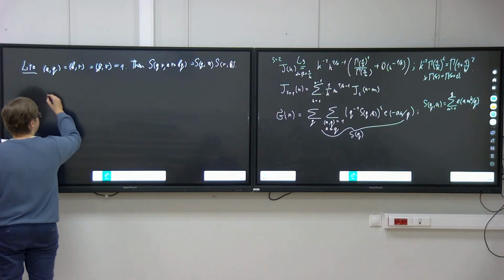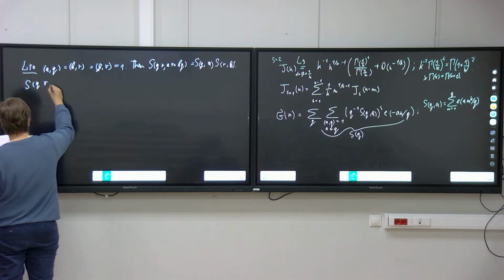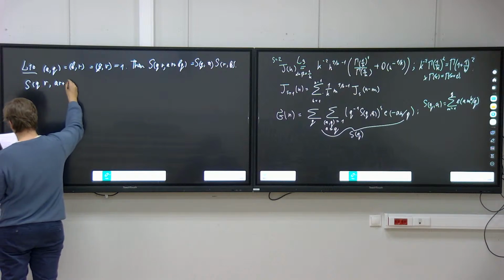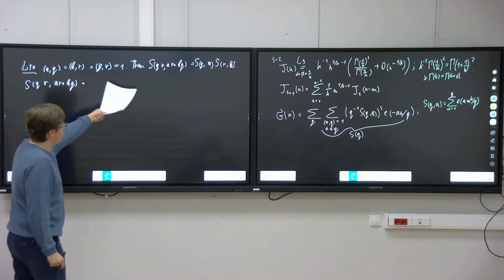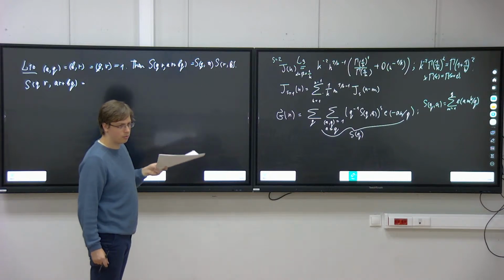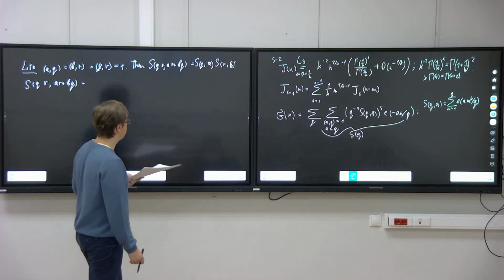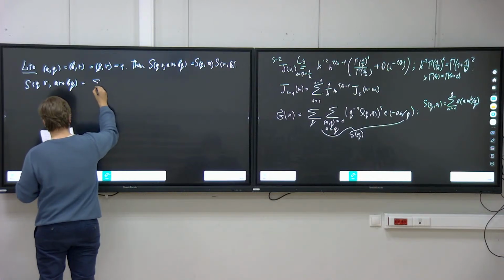So it's because S of QR, a R plus b Q, is equal to... If you want, it can be an exercise for you, but okay, I will write it.